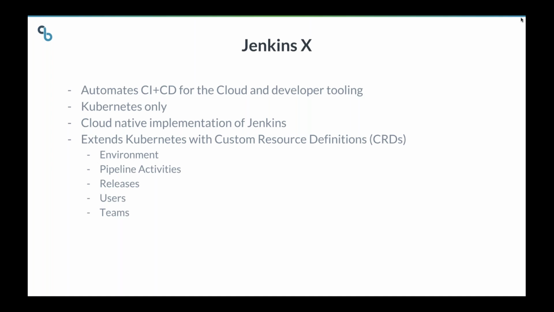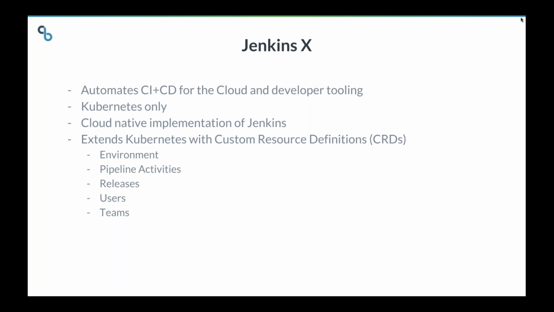What Jenkins X has done is extend the Kubernetes platform with DevOps and CI and CD resources. So for example, you can define at a per team basis in Jenkins X environments like development, testing, staging, and production. You can expose pipeline activities, or in other words, visualize pipelines running via Kubernetes resources.